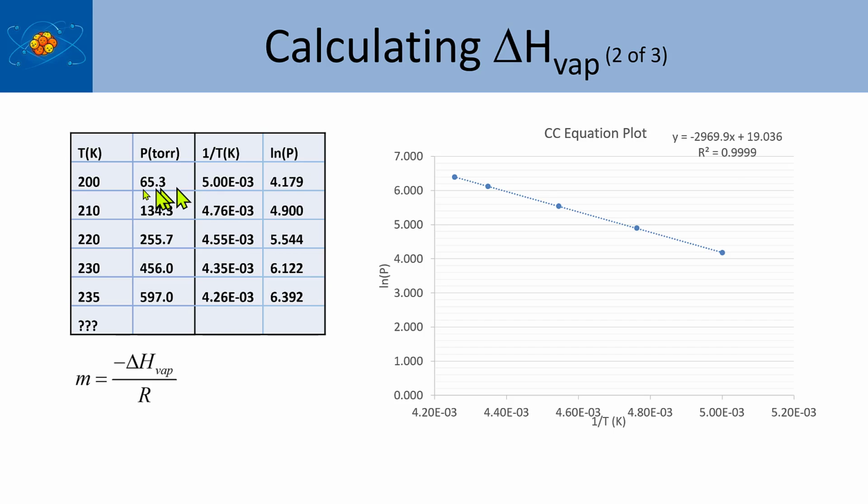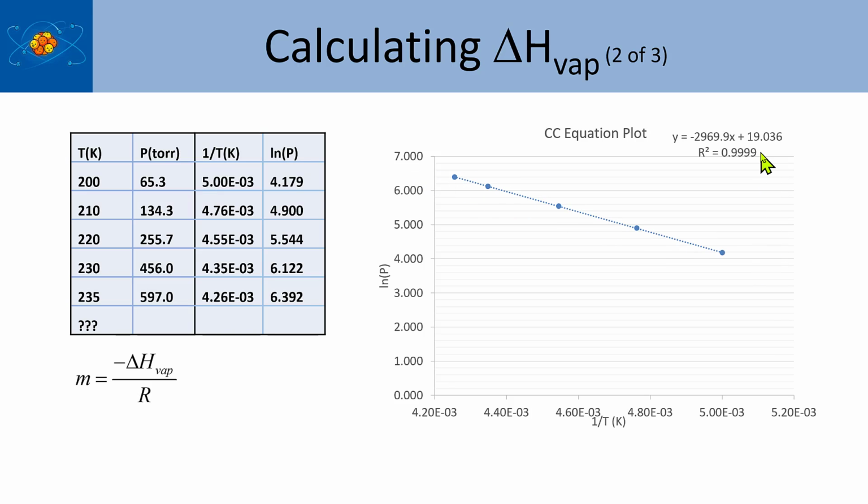And then we said pressure in torr, and we just took the natural log of it. So this point here is particularly, that's the 4.179 for the y value and the 0.005 for the x value. Now as the temperature goes up, 1 over T gets smaller. So as a result, we're graphing these points in this direction when we do them. And this is the line we get.